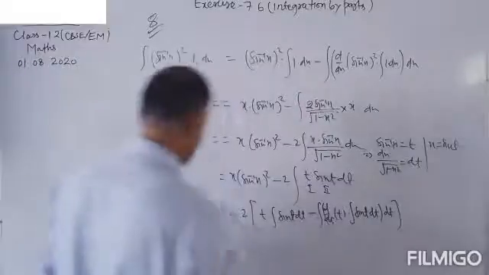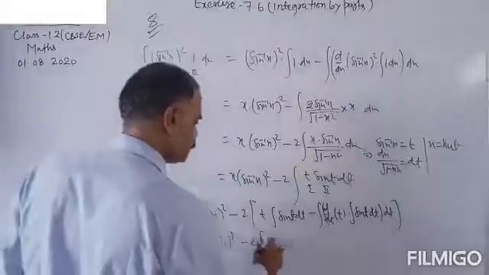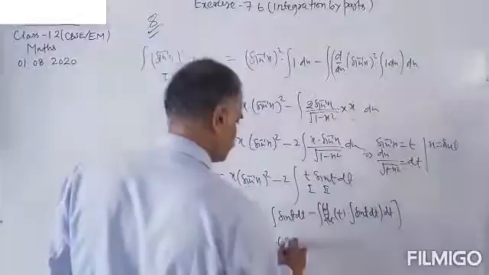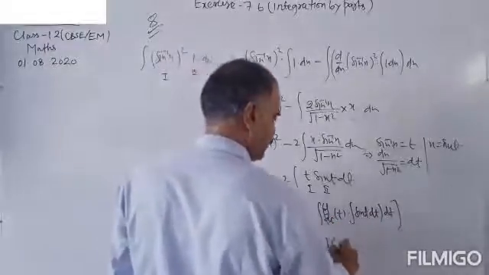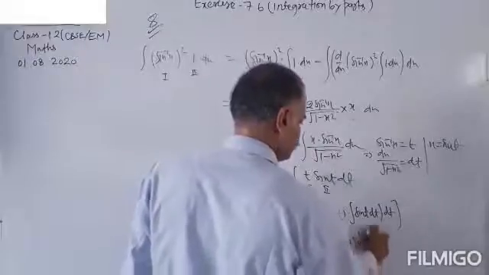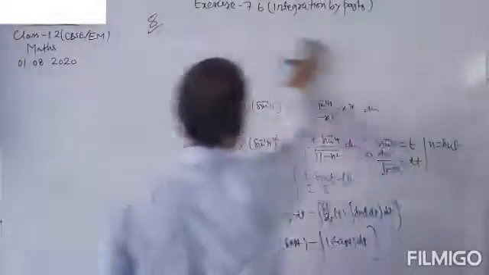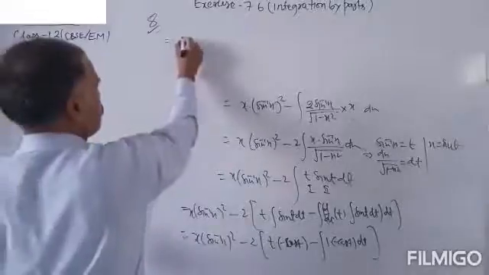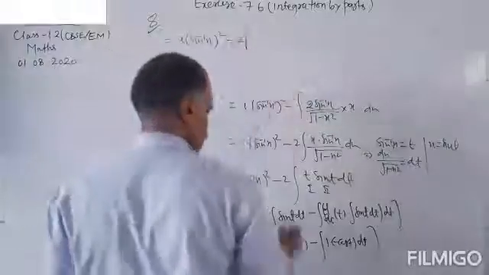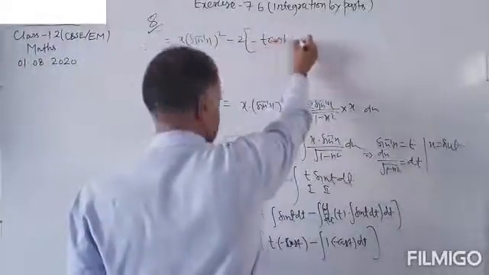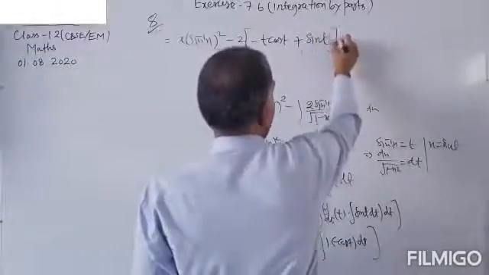So this is equal to x (sin inverse x) square minus 2 into t into integration of sin t, minus cos t, minus differentiation of t is 1 and integration of sin t, minus cos t dt. So again integrating, we will have x (sin inverse x) square minus 2 into minus t cos t plus integration of cos t is sin t plus c.